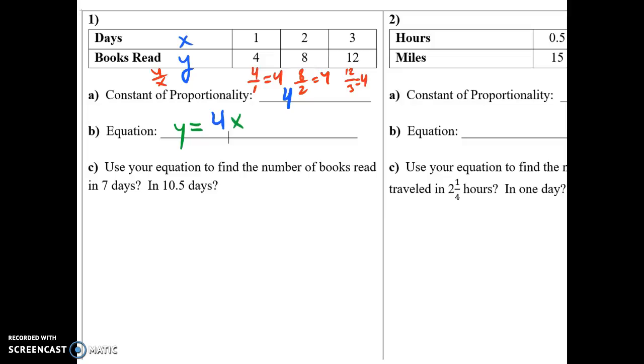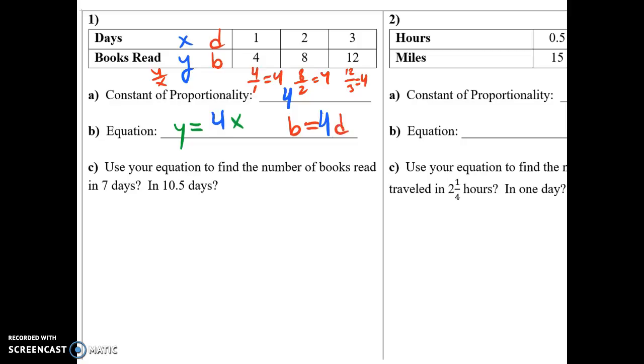We don't always have to use x and y. I could have called days D and books read B, and my equation would have been books read equals 4 times the number of days.